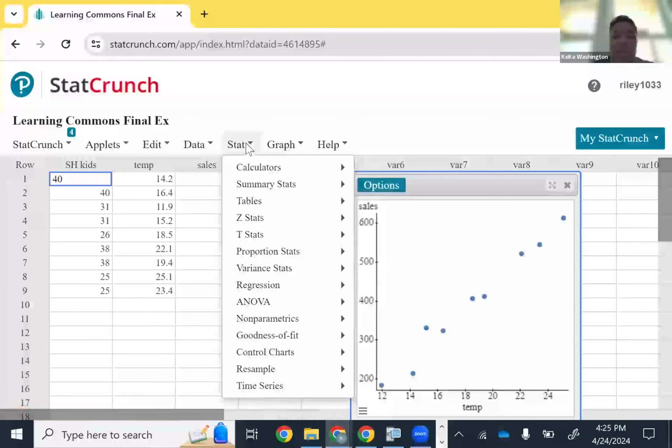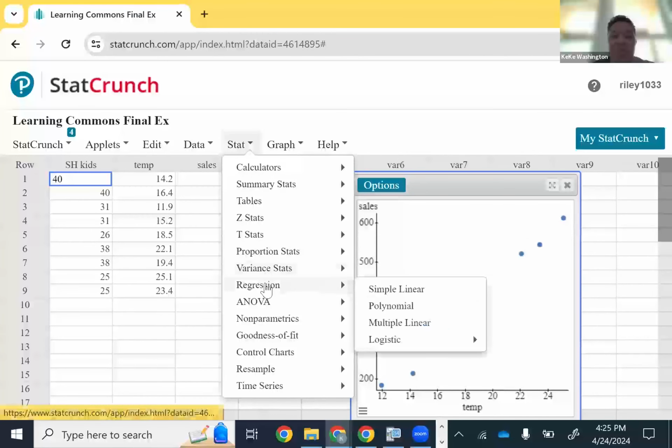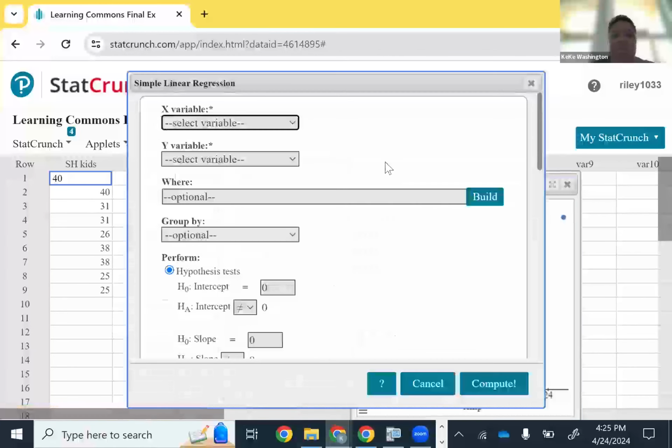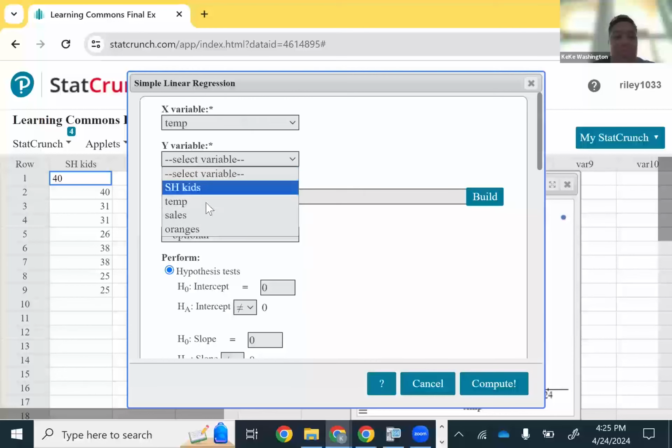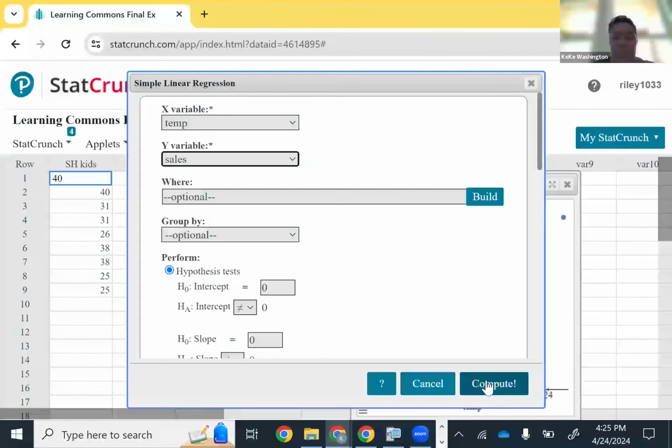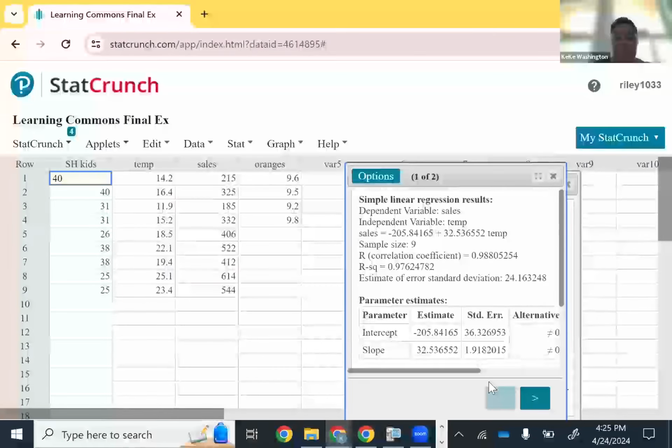So we're going to go Stat, Regression, Simple Linear, select your variables, compute.